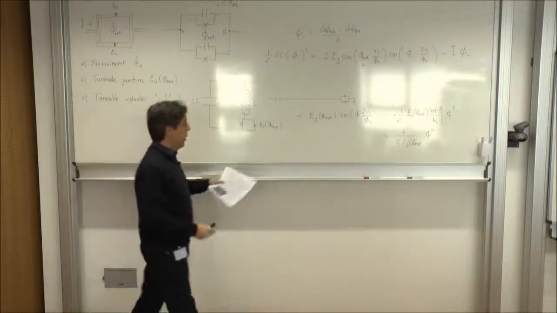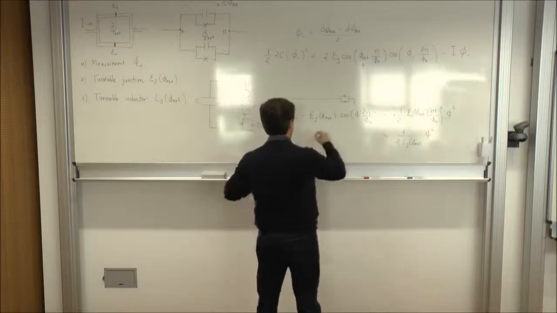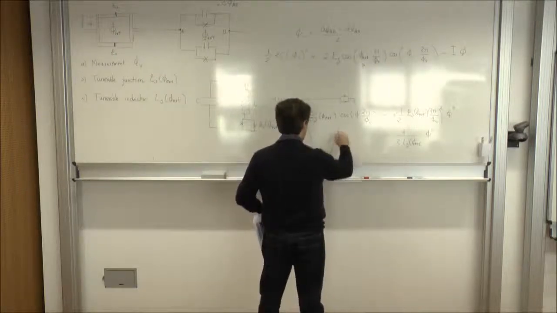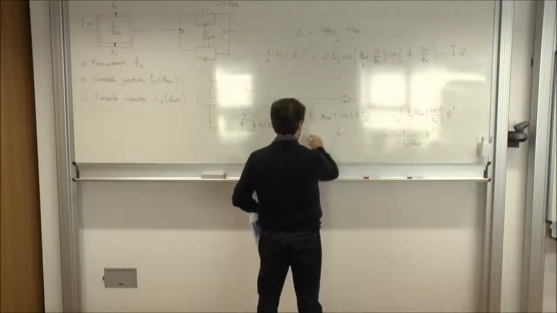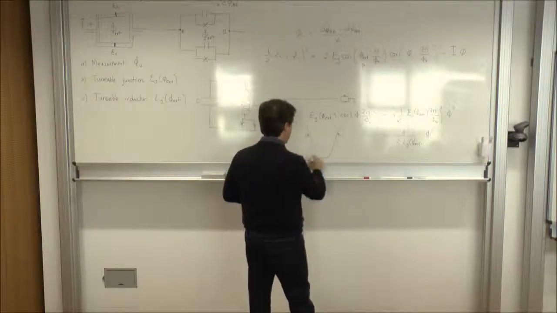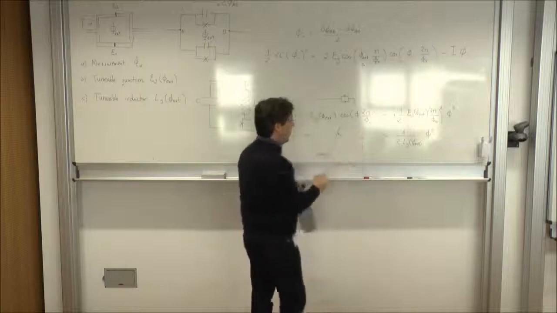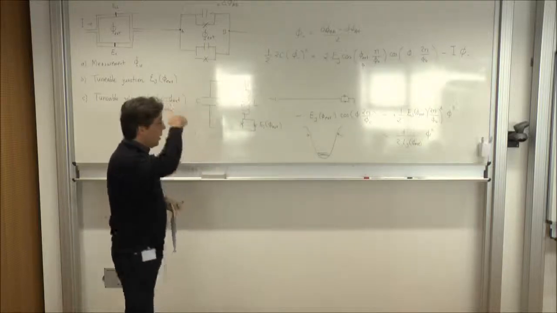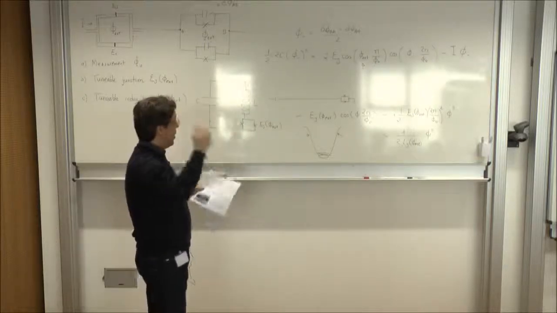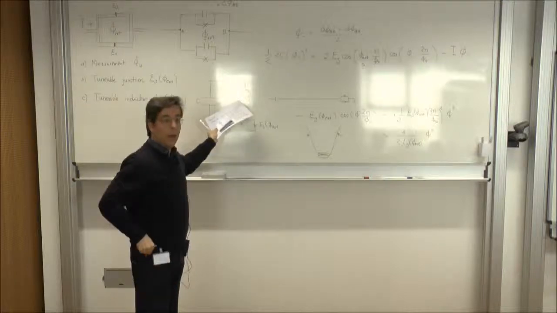So that's the cosine. We assume that the cosine is very deep, so we are never going to explore the parts where it bends. We are going to stay more or less around here. So we keep only the quadratic terms, and those quadratic terms are just like the terms that you would get from an ordinary inductor.